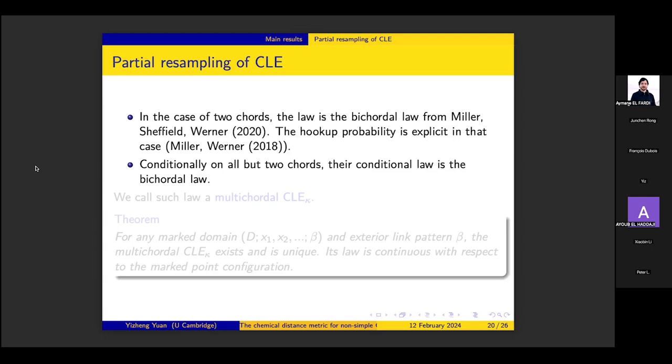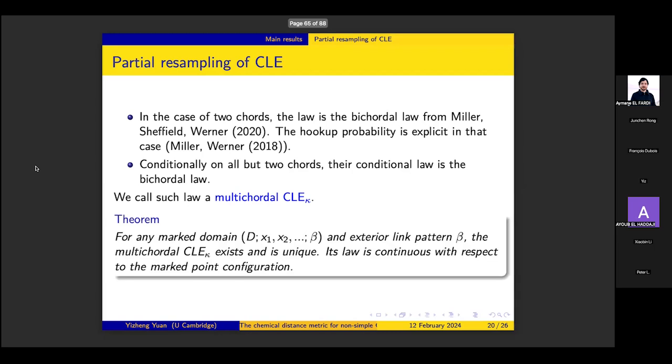We show that this actually characterizes the law on these n-tuples of chords, so we call it a multichordal CLE. The result is that if I give you any marked domain with marked points and some exterior link pattern, then this multichordal CLE law exists and is unique, and the law is continuous when you move around the marked points.